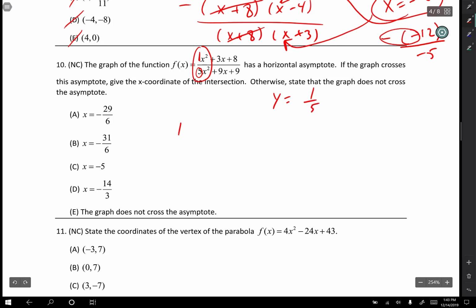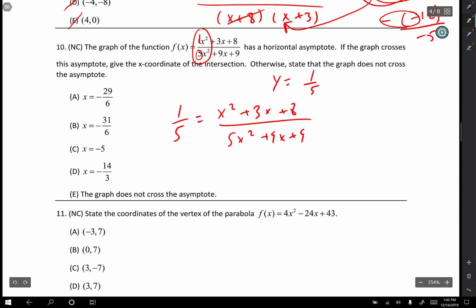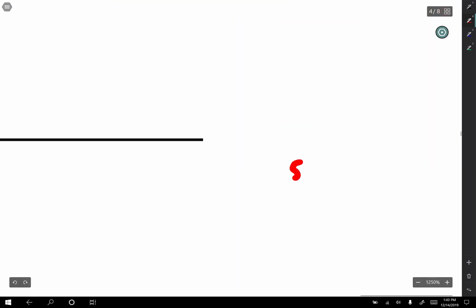Next, I'm going to say 1/5 equals that expression, x squared plus 3x plus 8 over 5x squared plus 9x plus 9. I'm going to cross multiply. 5x squared plus 9x plus 9 equals 5 times x squared plus 3x plus 8. Oh, it does that from time to time, guys.